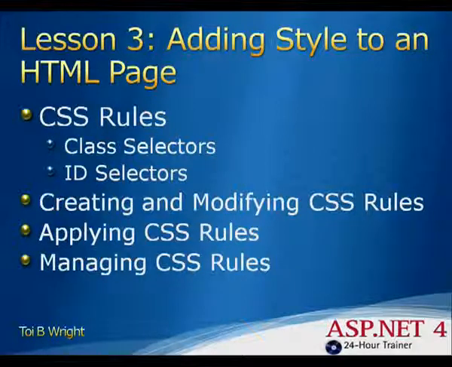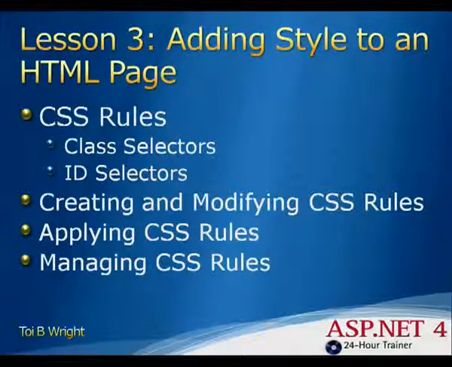The selector can either select an entire class of HTML elements or an individual HTML element by indicating the ID of the element. Creating and modifying CSS rules, you can use the Modify Style window and the Add Style Rule window to help you modify and create your CSS rules.